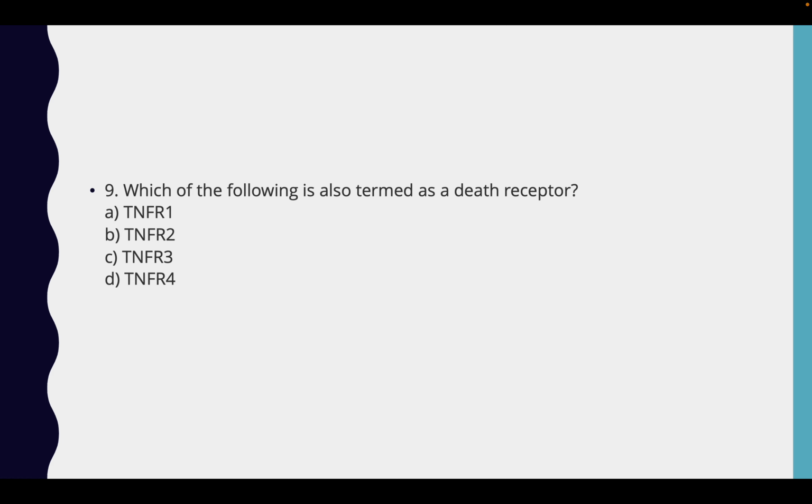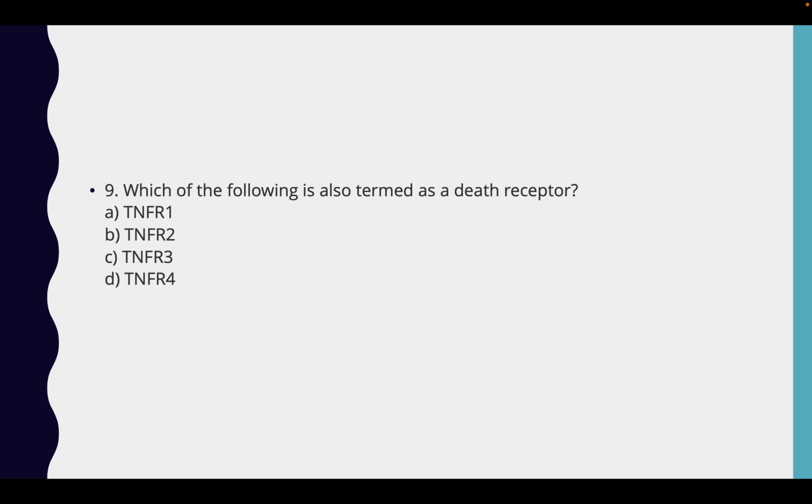Which of the following is also termed as a death receptor? डेथ रिसेप्टर कौन सा है?